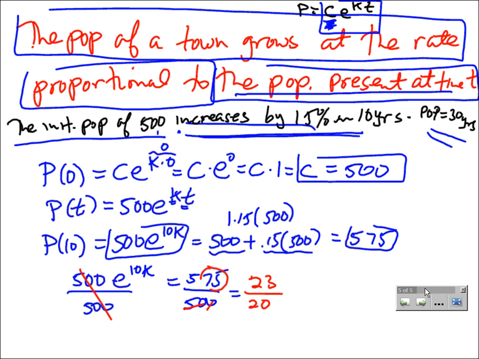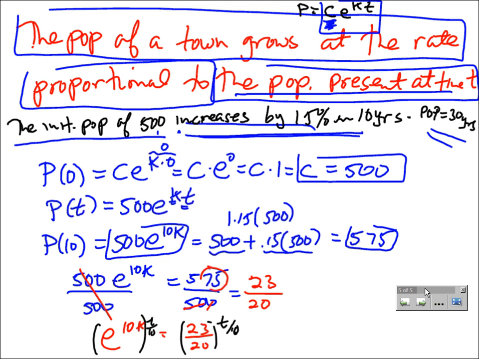I want you to start thinking. It's not rocket science. e to the 10k is 23 over 20. But I don't want 10k as the power. I want kt. So I put in my t, and then I divide by 10.